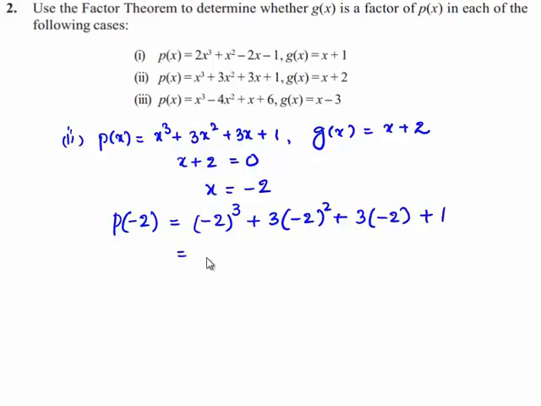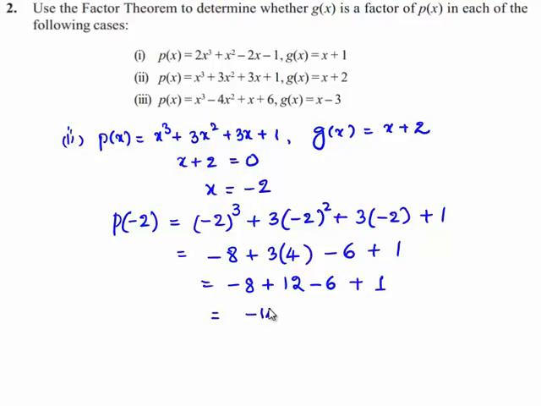Minus 2 whole cube is minus 8 plus 3 times of minus 2 whole square is 12 minus 6 plus 1. This is equal to minus 8 plus 12 minus 6 plus 1. This is equal to minus 14 plus 13, which is minus 1, which is not equal to 0.